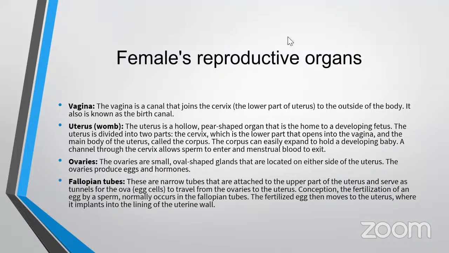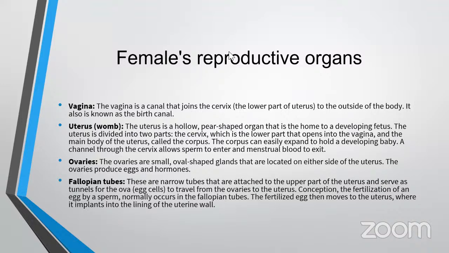intercourse. Ovaries. The ovaries are small oval-shaped glands that are located on either side of the uterus. The ovaries produce eggs and hormones. The fallopian tubes. My screen is visible, right? Yes, ma'am.